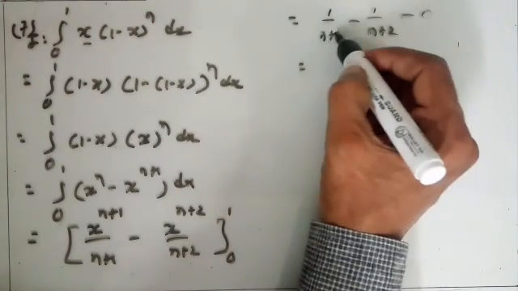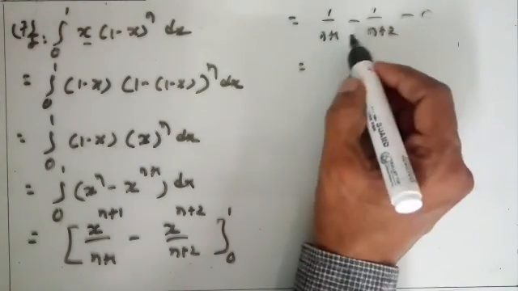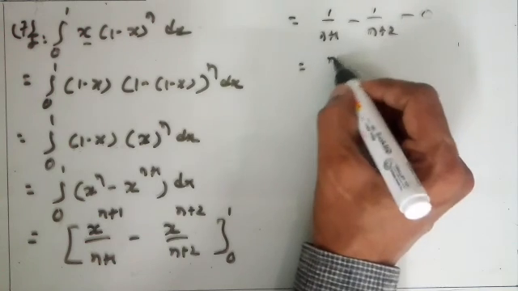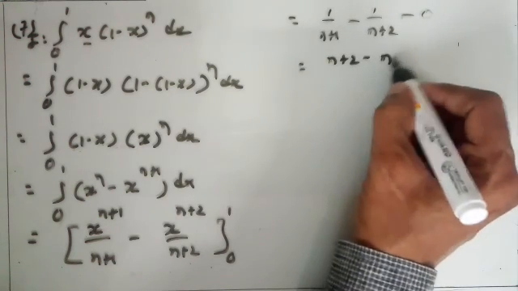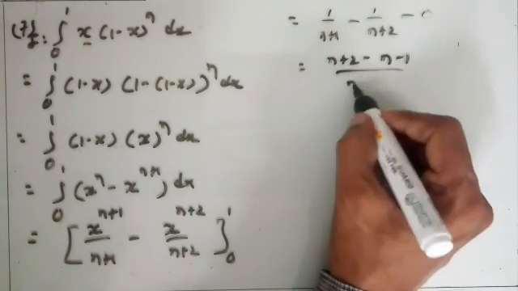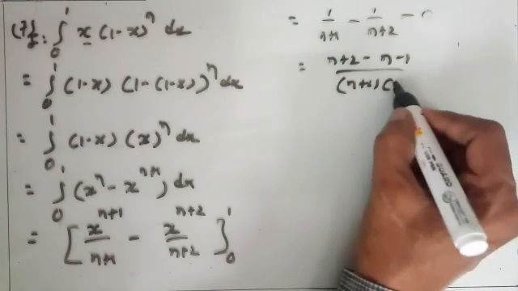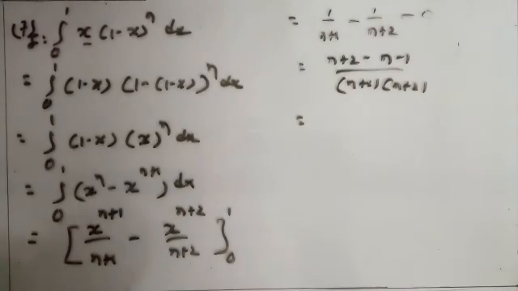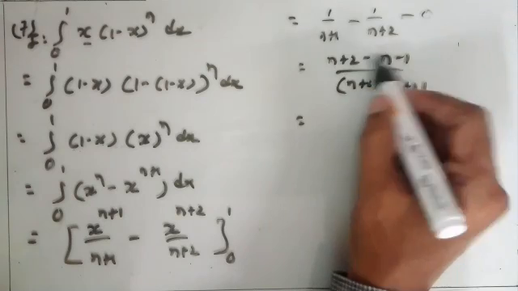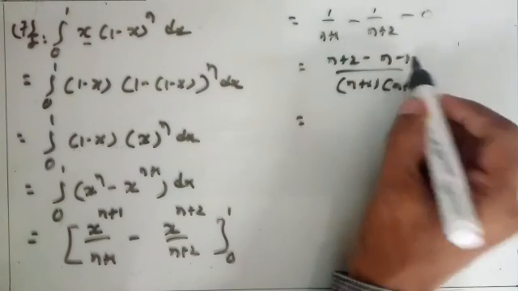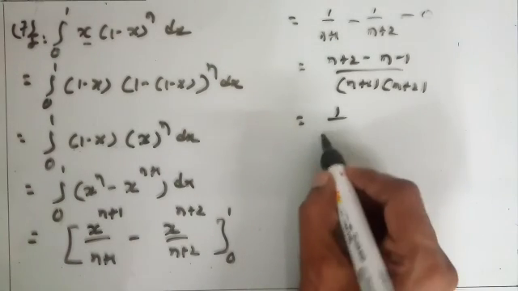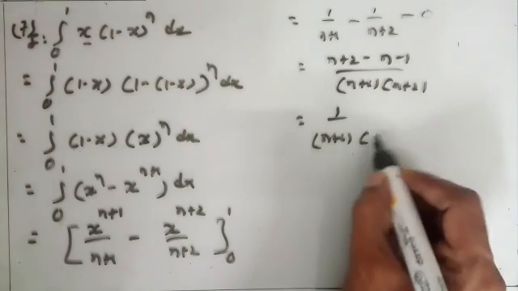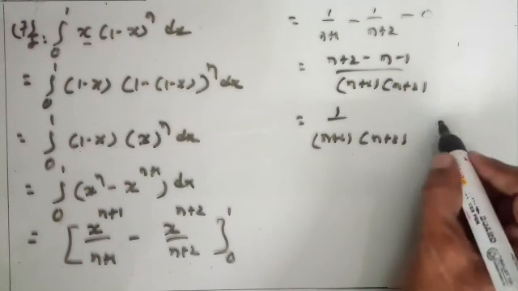So 1 upon n plus 1 minus 1 upon n plus 2. Now take LCM: n plus 2 minus n minus 1 upon n plus 1 into n plus 2. Simplify this. Minus n plus n cancel. 2 minus 1 becomes 1 upon n plus 1 into n plus 2. Answer. Clear?